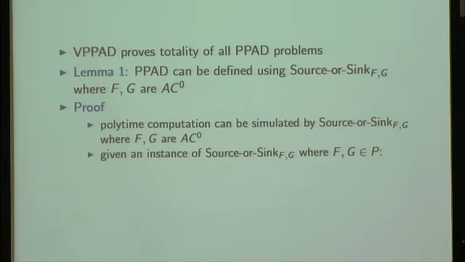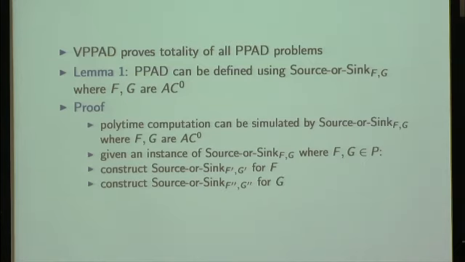Then, given a source or sink instance that is given by some polytime functions f and g, we can construct AC0 functions f prime and g prime so that the source or sink instance f prime g prime will simulate f, and then the source or sink instance f double prime g double prime will simulate g. And then what we need to do is just to compose the source or sink computations into a single one. So that can be done, and that is the first step in the proof.